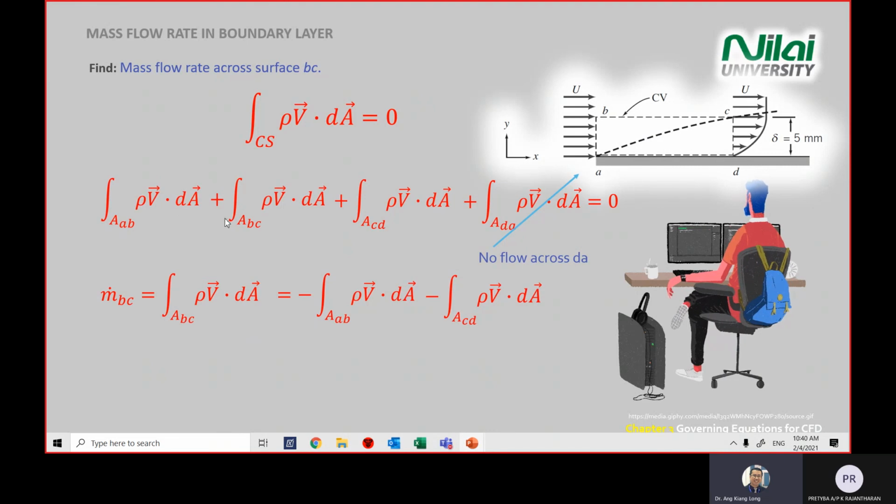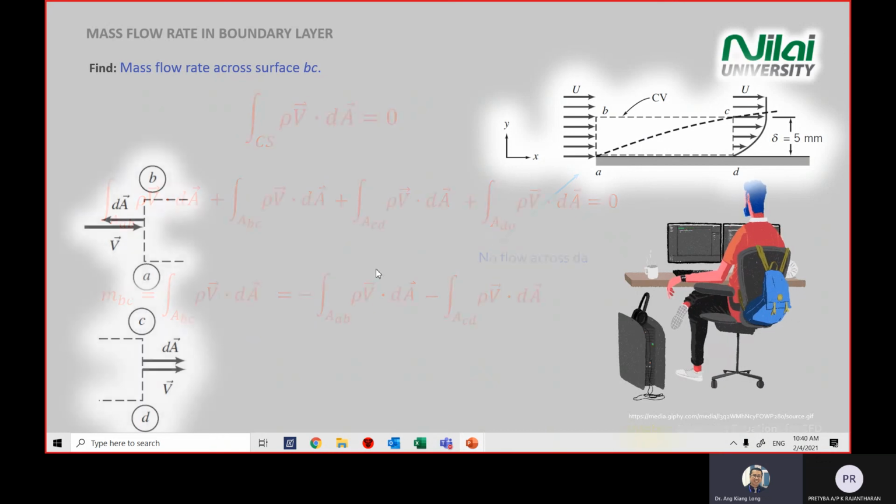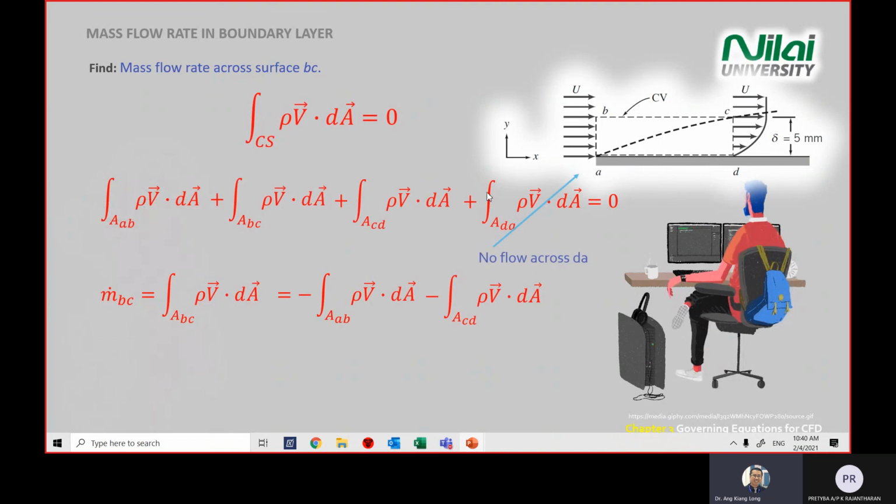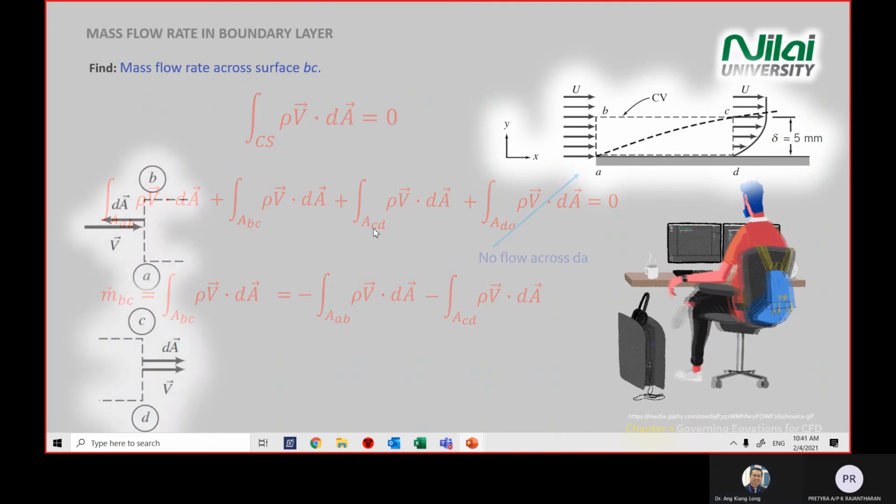We focus on this term, the second term, 1, 2, 3, 4. We have 4 terms earlier. You remain the second term on the left. Then you move all the equation, these two, the AB equation and the CD equation, to the right. Then you get negative, and you analyze each portion.